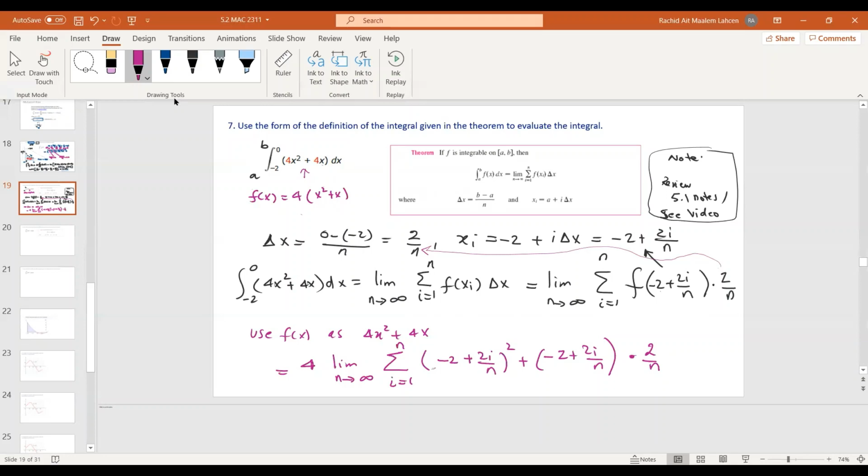We also saw the property in 5.1 that this part, since it's a number, can come to the front here, right?